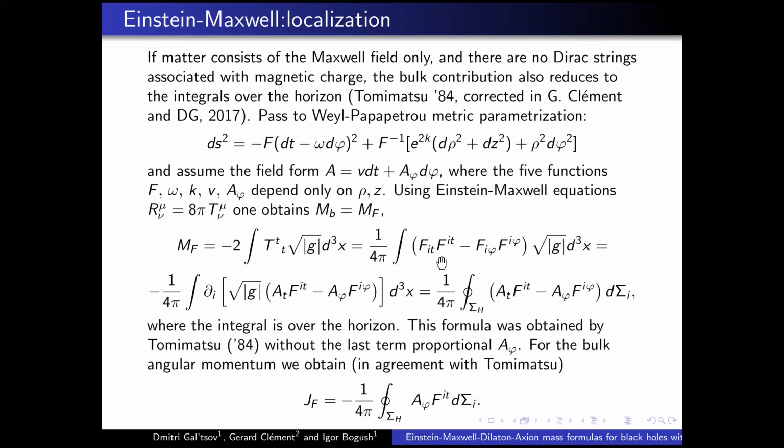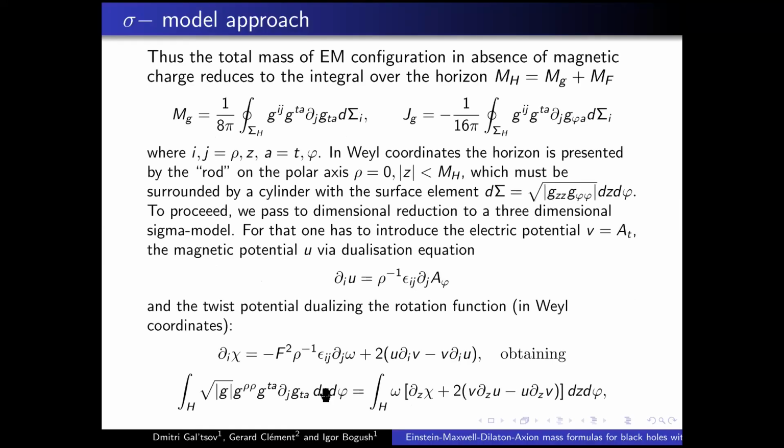So there are some beautiful transformations which allow you to present the bulk contribution as a divergence of some vector, and then it is reduced to the surface integral over the horizon. The same for the bulk contribution to the momentum, angular momentum.